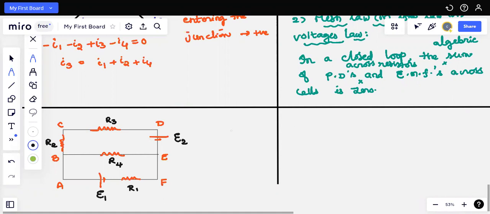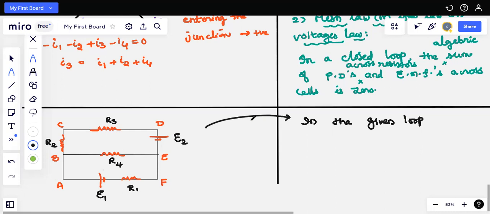Now for this loop, in the given loop, which loops do you observe there? You find three loops: two small loops, and adding the two loops gives one big loop.